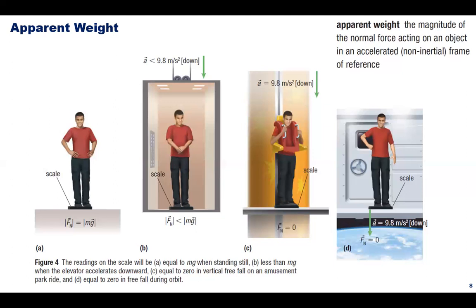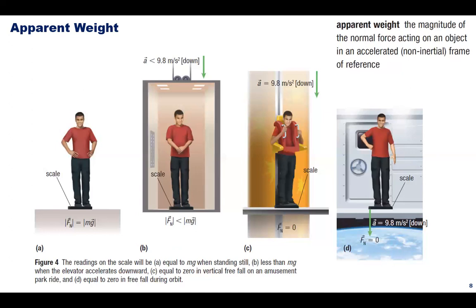When the elevator accelerates downward, the normal force decreases so that the magnitude of the reading on the scale should be less than your weight, right? Which is shown here in figure B. Similarly, when the elevator accelerates upward, as you can imagine, the normal force would increase, resulting in a greater reading on the scale.